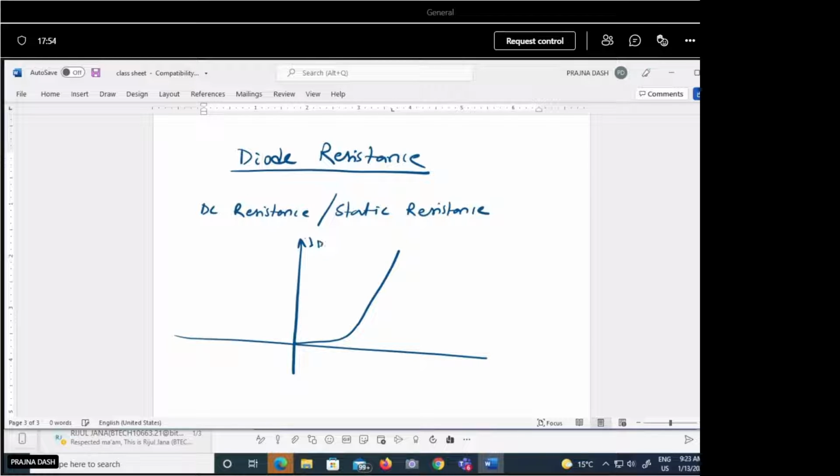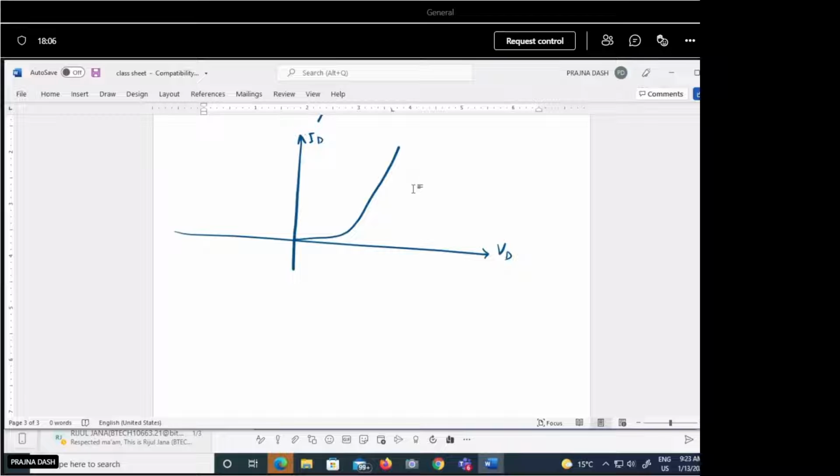This is the I axis and this is the V axis. When we talk about the DC resistance or static resistance of the diode, the notation is usually capital R. We represent it as capital R, or sometimes directly as RDC.